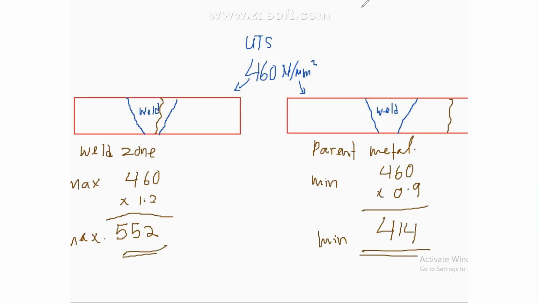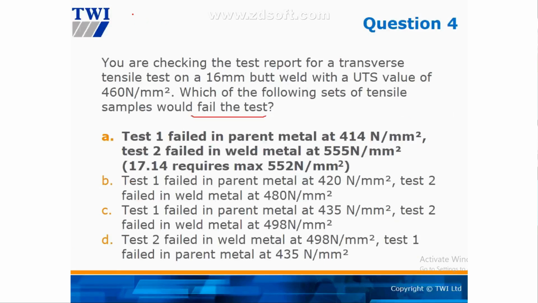All right, so you got that one. Back to your questions. For weld metal breaking, the maximum value is 552, right?